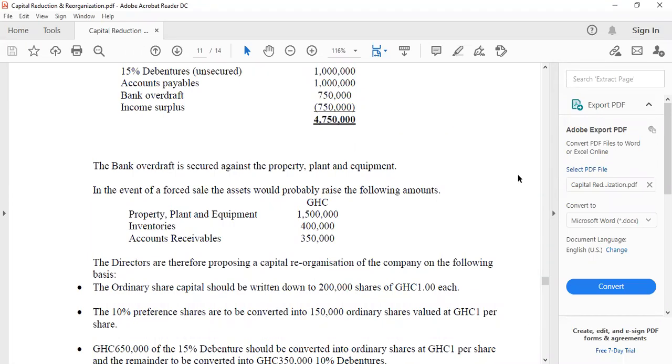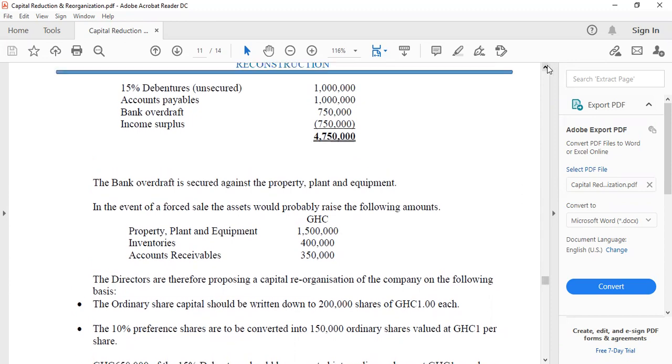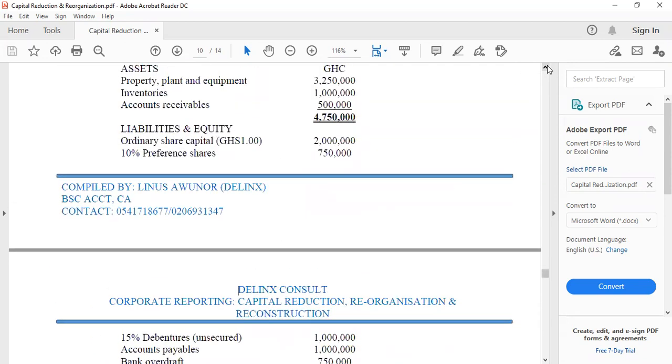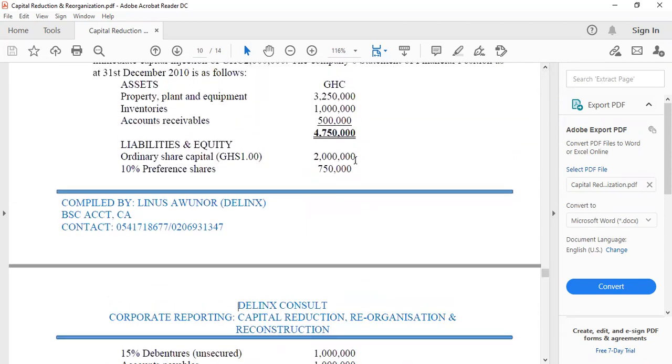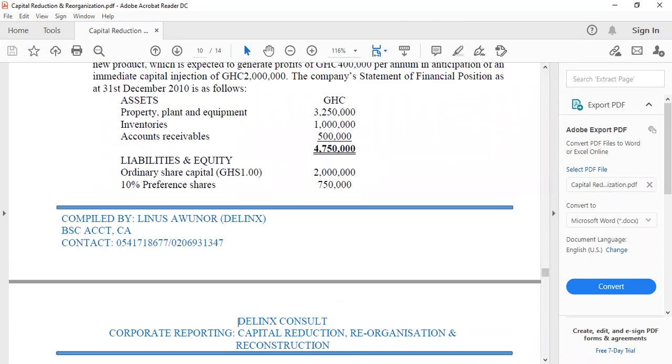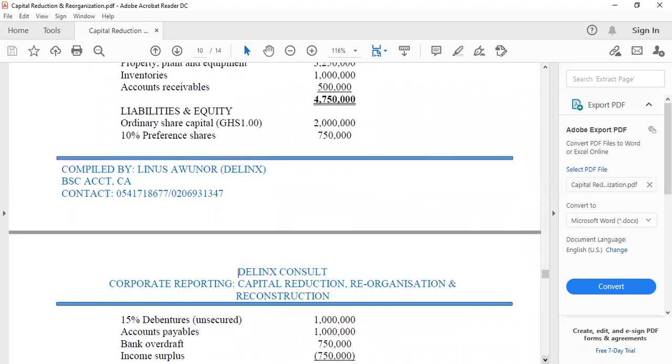So if we are reducing it down to 200,000 shares at 1 cedi, it means that the new value will be 200,000, isn't it? What is the original value? 2 million. So they are giving up how much? That would be 1.8 million.